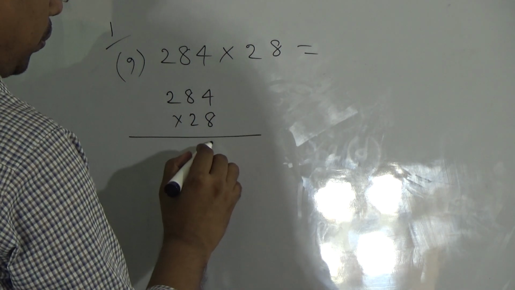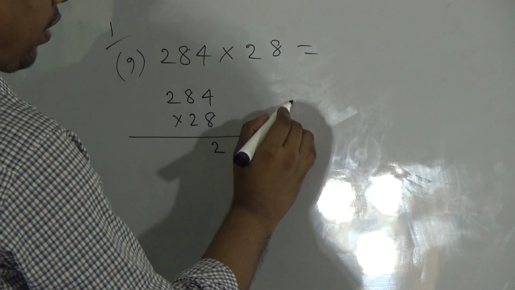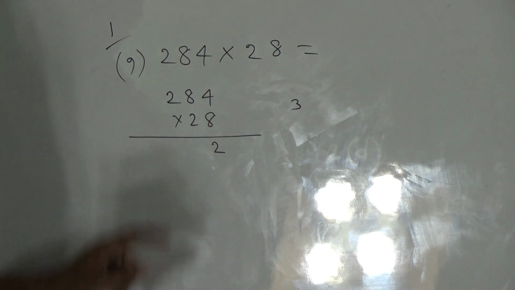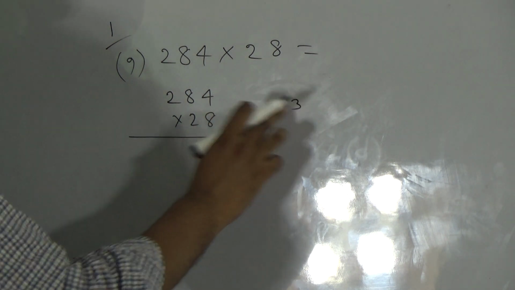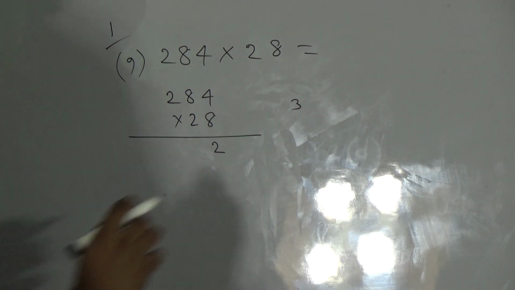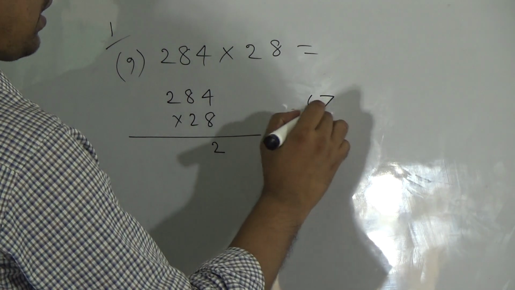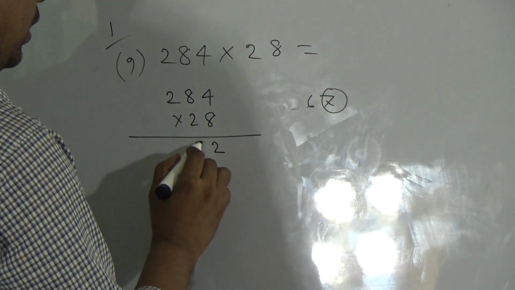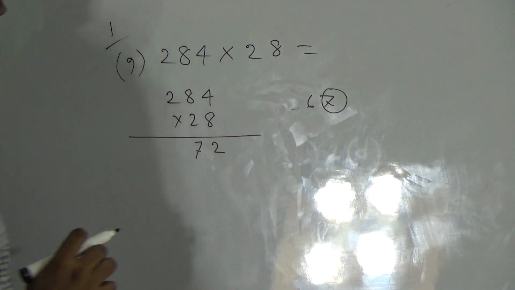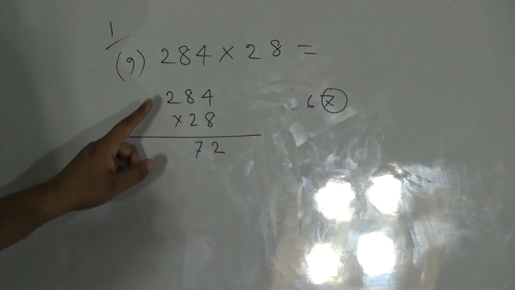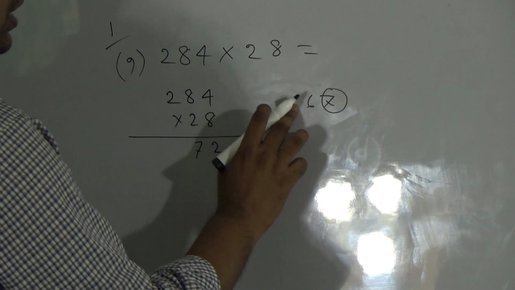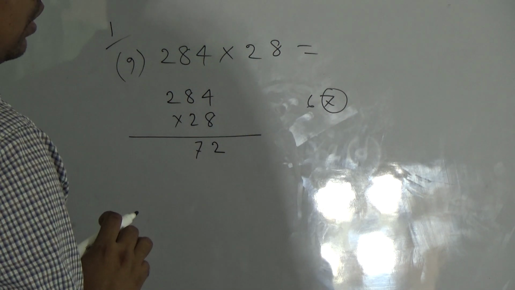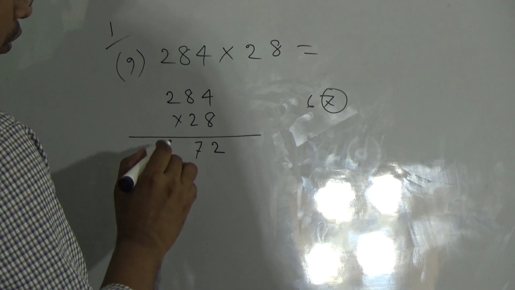From 32, we will write 2 and carrying 3. Now 8 8's are 64. 64 plus this 3, this is 67. And from 67 we'll write this 7 and carrying will be 6. Now 8 2's are 16 and 16 plus this 6, this is equal to 22.